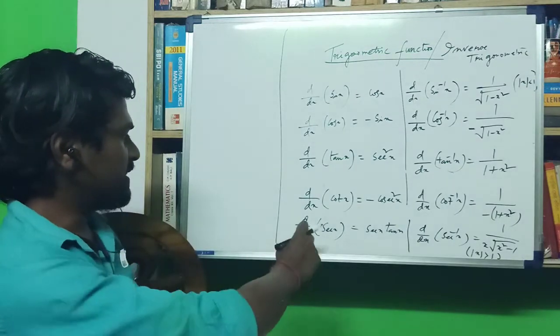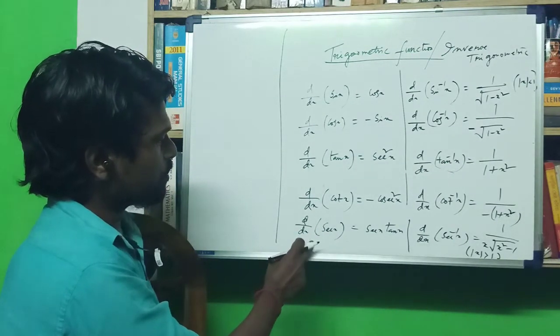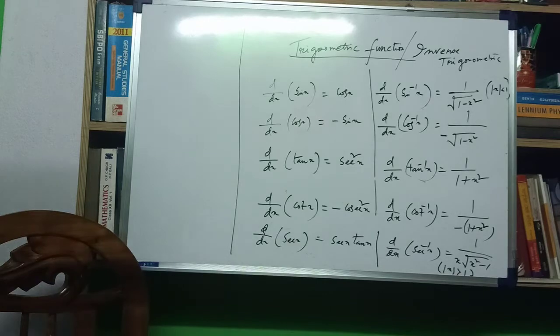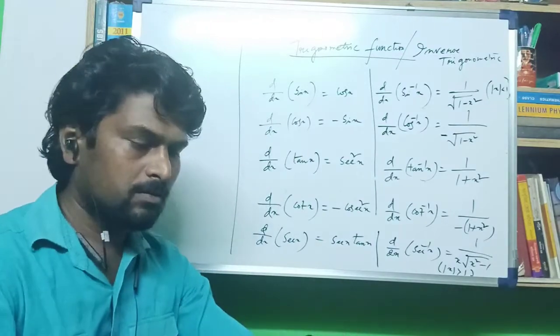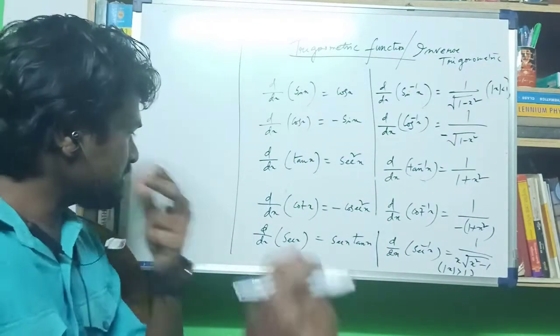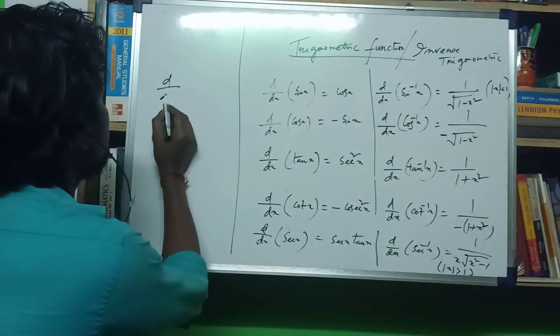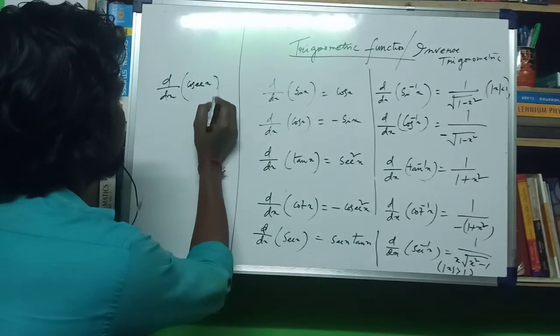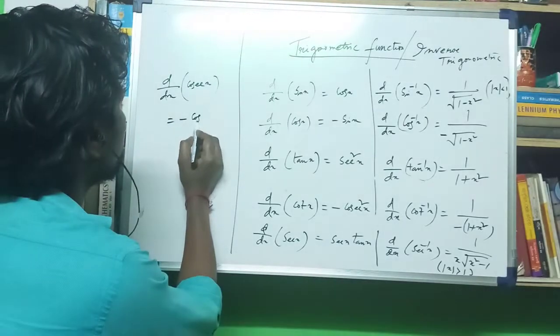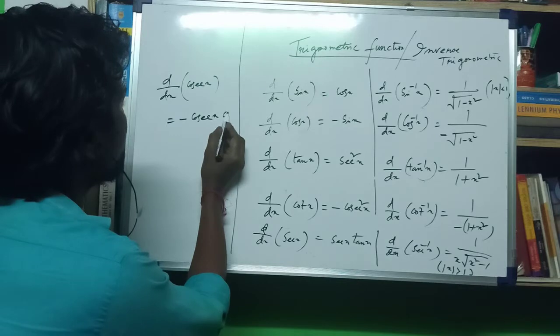So similarly, if cosec x is taken here, the next one is d/dx of cosec x equal to minus cosec x cot x.